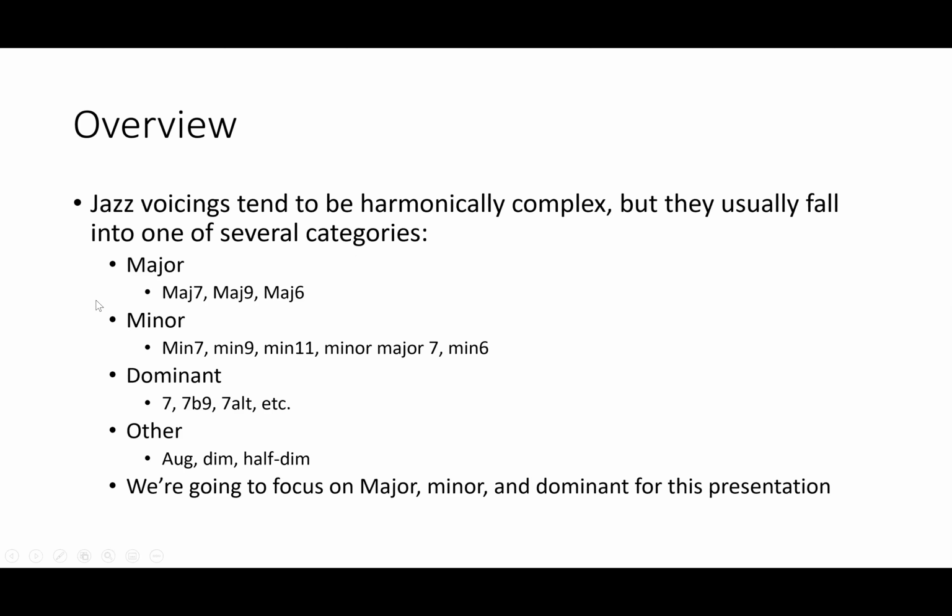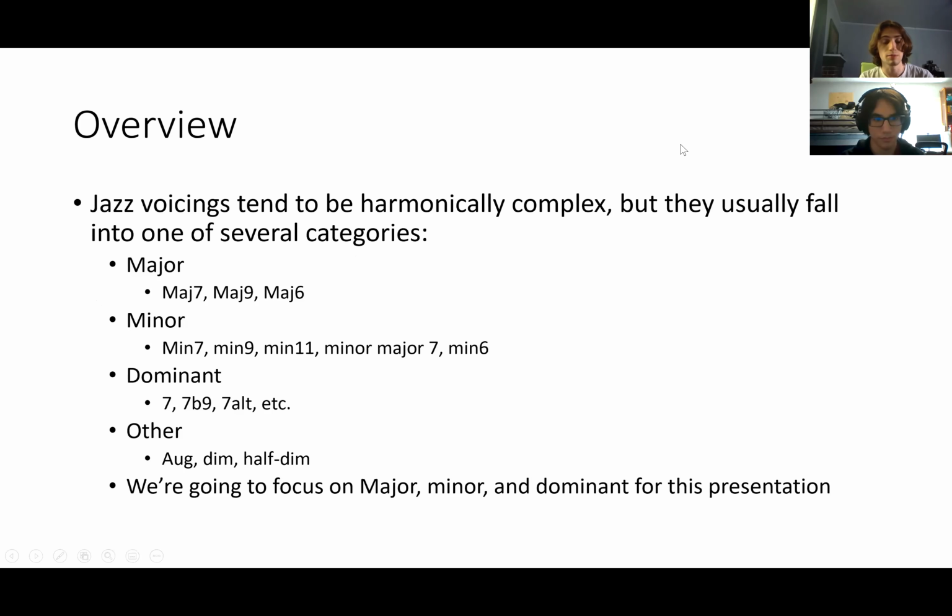So this is mostly a focus on jazz voicings. I have a lot of background as a keyboard player, piano player, but you can voice these chords in other sounds. I would recommend for jazz voicings, because they tend to use so many notes and can be very harmonically rich, a sound that is not too full.